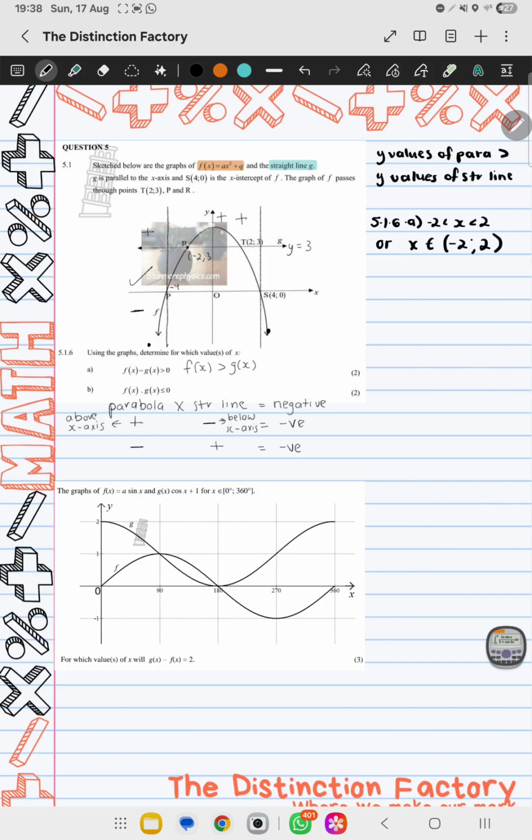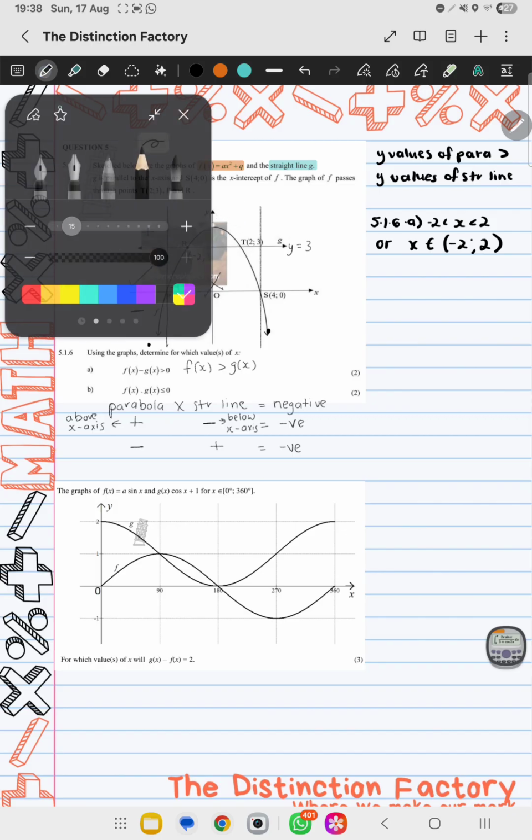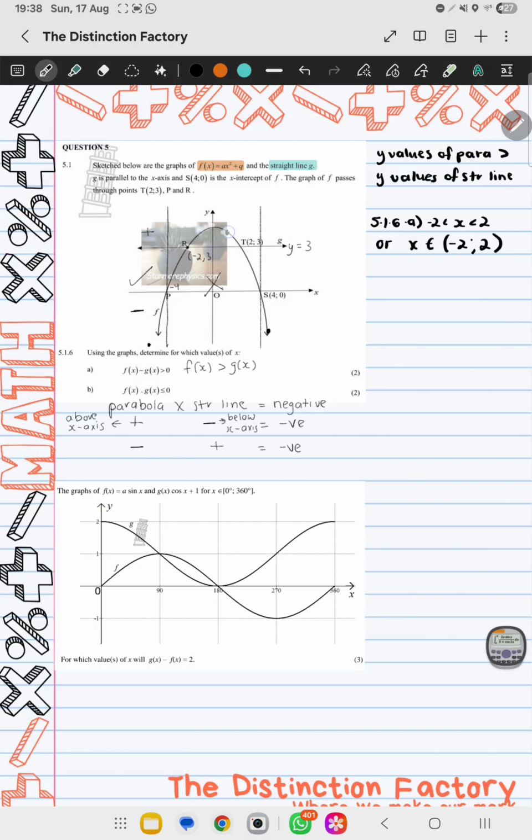But when I multiply two positives together, I end up with a positive answer, which is not what they wanted. So this does not answer my question. Even if I was looking at it with the vertical line test, I could be comparing this value up here with this value here. Again, a positive number and a positive number gives me a positive. So that does not answer the question.